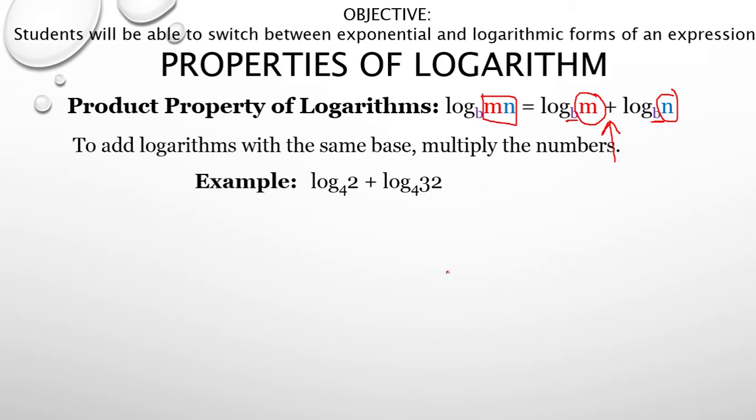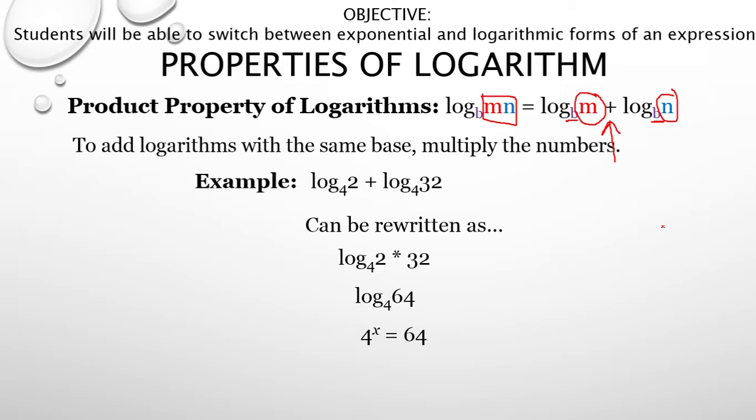So here's an example. We have log base 4 of 2 plus log base 4 of 32. So what we're going to do is rewrite it as log base 4 of 2 times 32, which is going to be equal to log base 4 of 64. You can also convert it to exponential form to solve for x.